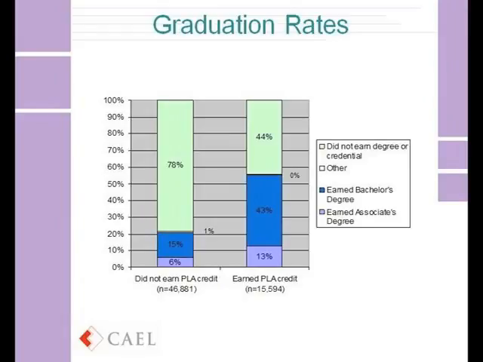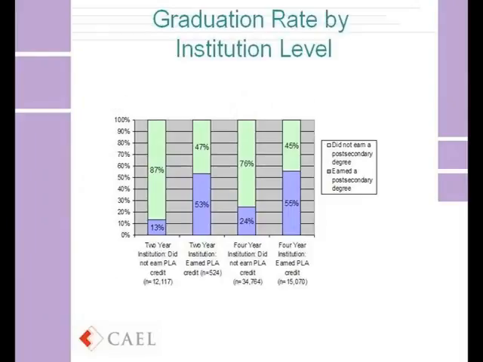In fact, 43% of them earned a bachelor's degree compared to 15% of the non-PLA group, and 13% earned an associate's degree compared to 6% of the associate's non-PLA group. So what we can say is that PLA is related to improved graduation rates.